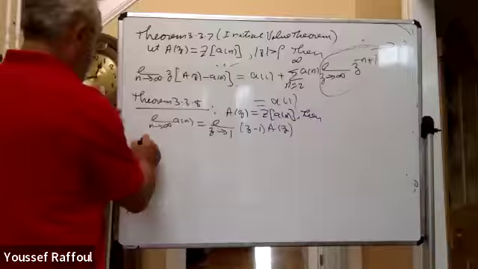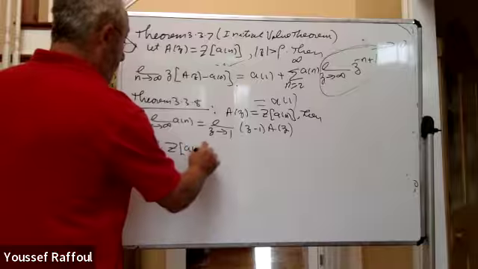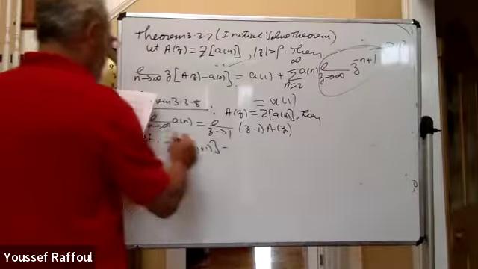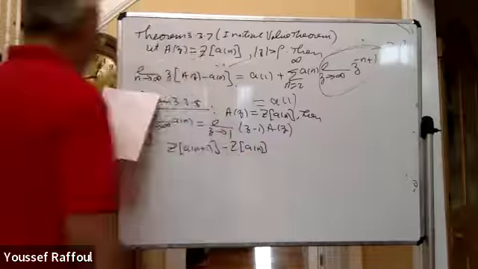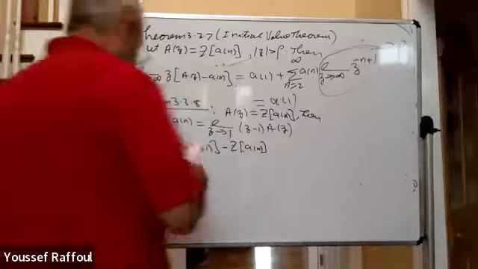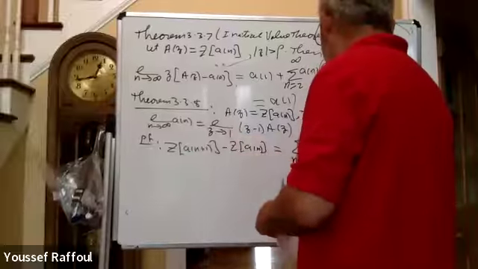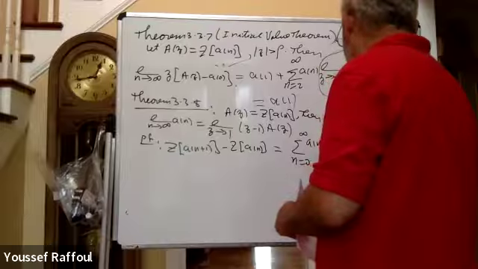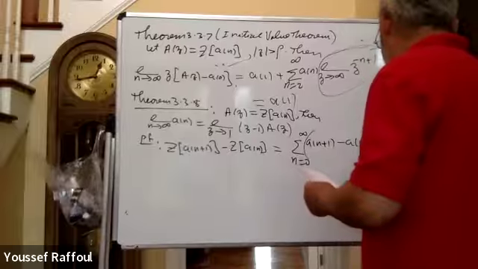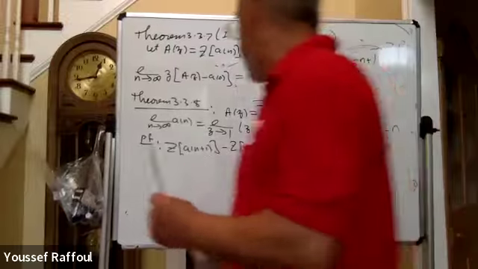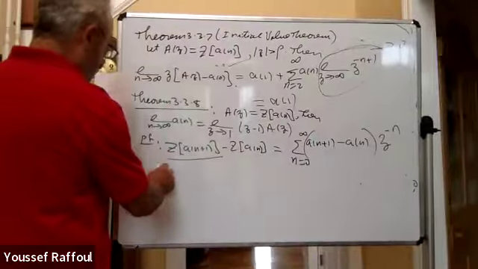So let's take a look at the Z-transform of A_(n+1) minus the Z-transform of A_n. What is that? That is the sum from n equals 0 to infinity of (A_(n+1) minus A_n) Z^(-n). Well, we know what the Z-transform of A_(n+1) is.